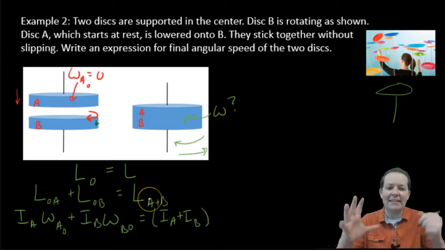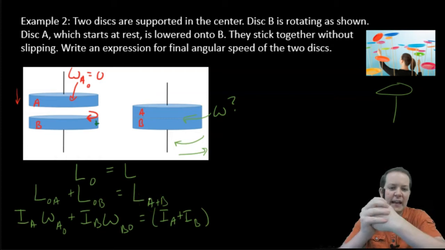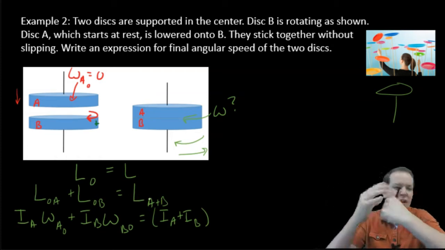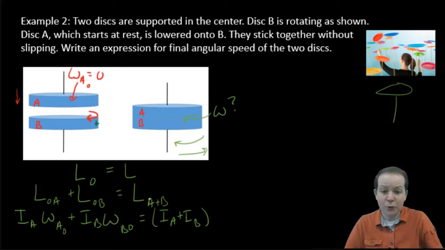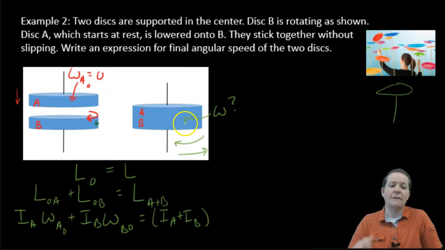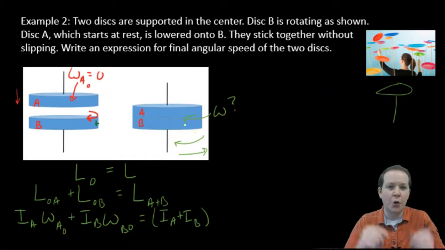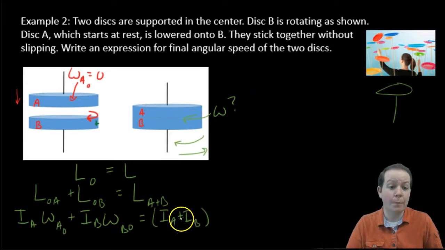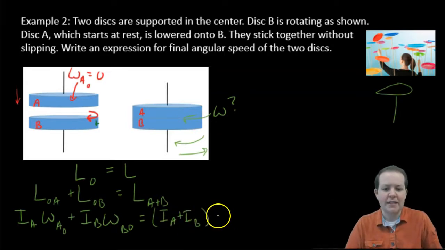Remember how we used to add the masses together in an inelastic collision? We would say, now they're just like one object, so we can just add their masses up. That's what I'm doing right here. Now they're stuck together. It says that in the problem. If they're stuck together, they're like one bigger object, so treat their combined inertia just like one bigger object. That's why I'm adding them up, times this final velocity. I'll call it omega prime.